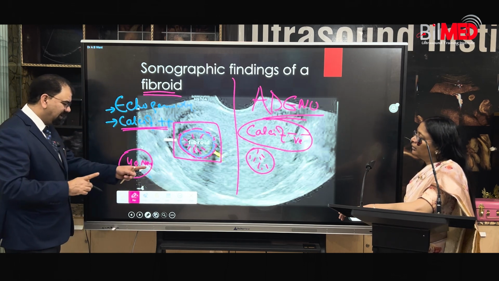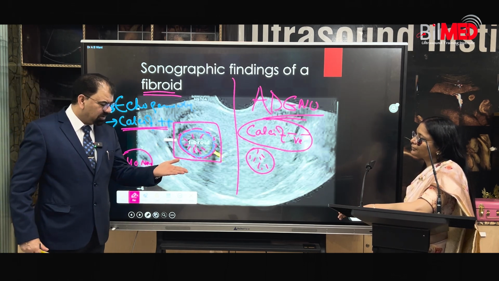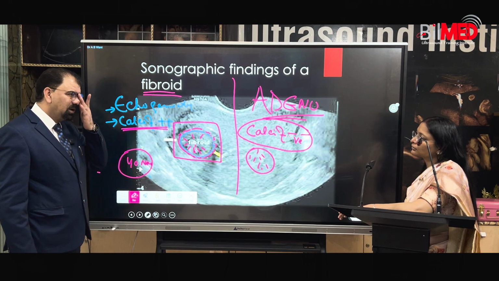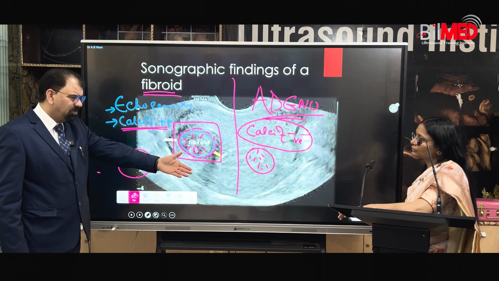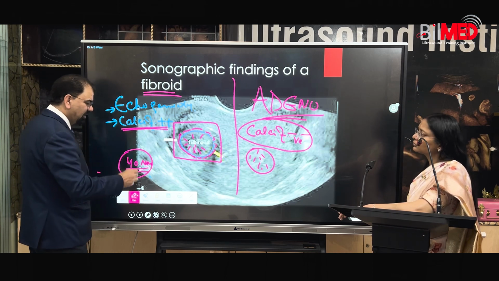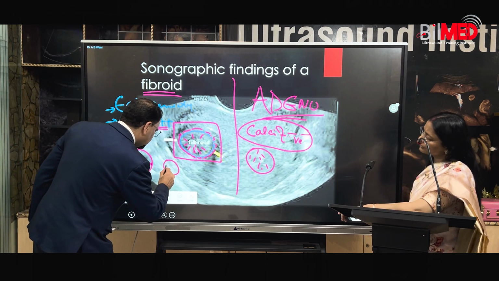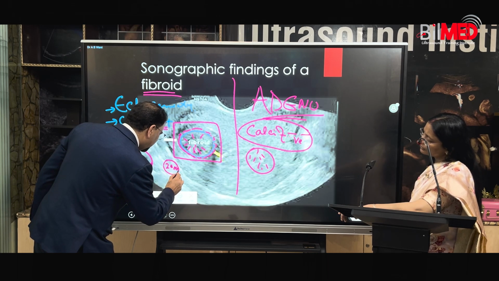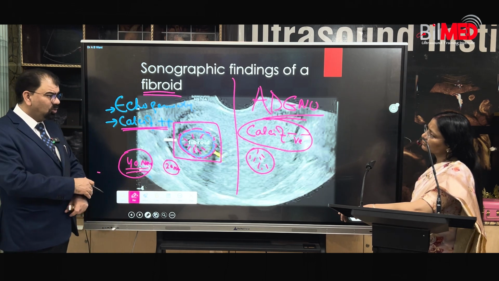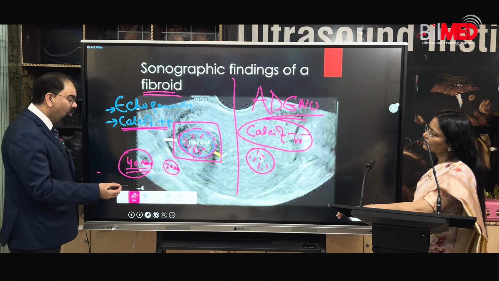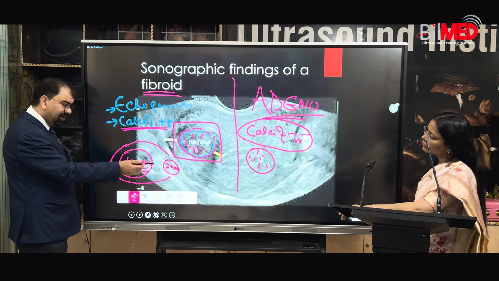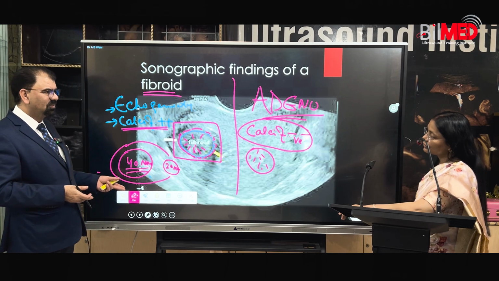Try to understand. 40 millimeters, and I am having a report of this patient only, and the scan was done just 2 or 3 months before, and this fibroid was maybe 20 or maybe 25, maybe 15 only. Will I not be surprised that how can a fibroid increase dramatically overnight? Of course, I will be.